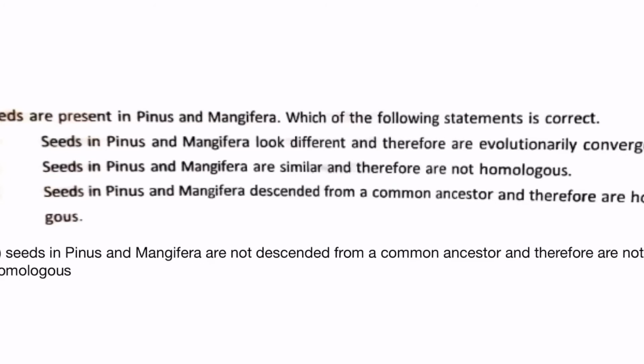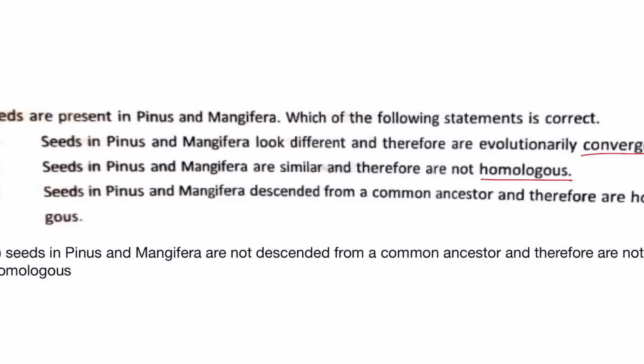Well, obviously from the options we need to know the meaning of convergent and homology. Convergent is when different species of different classes do not have the same common ancestor. So they are different species which, when settled in a particular geographical location, have evolutionarily developed similar features, and therefore they are convergent species.